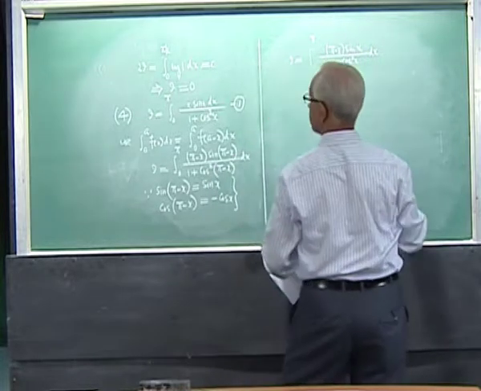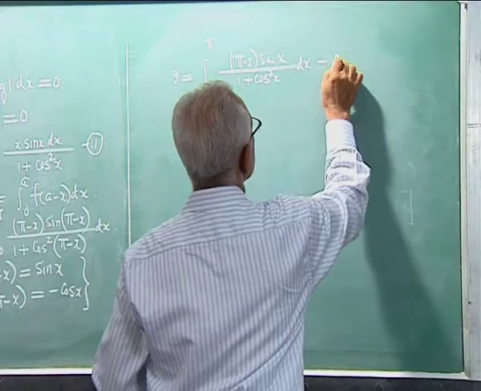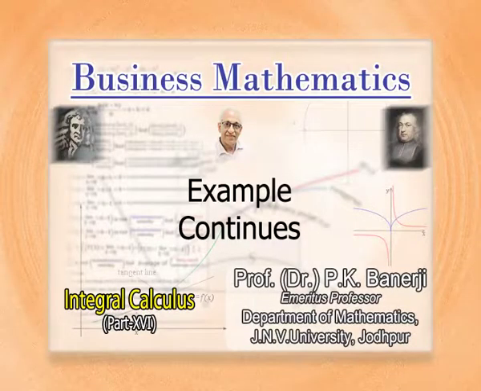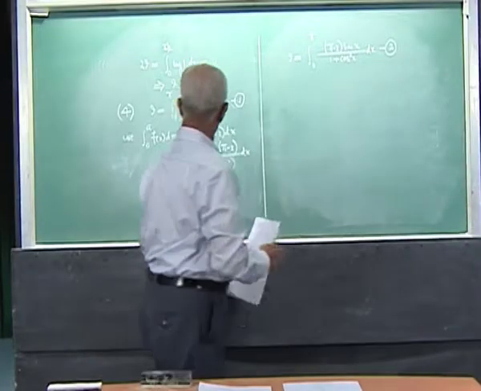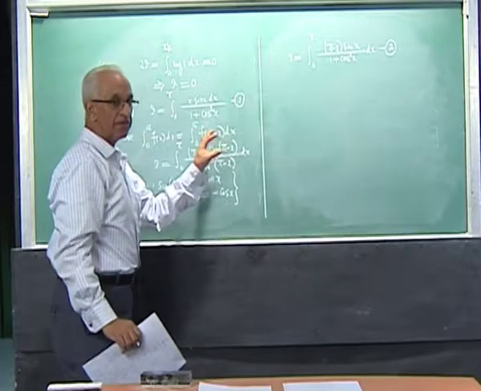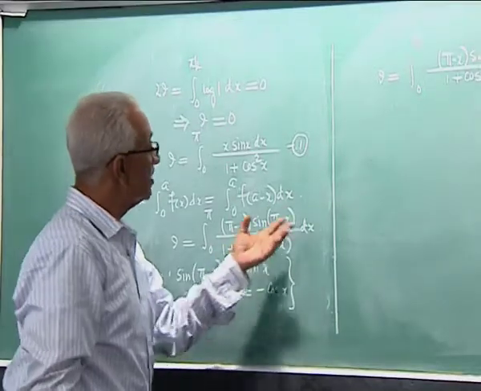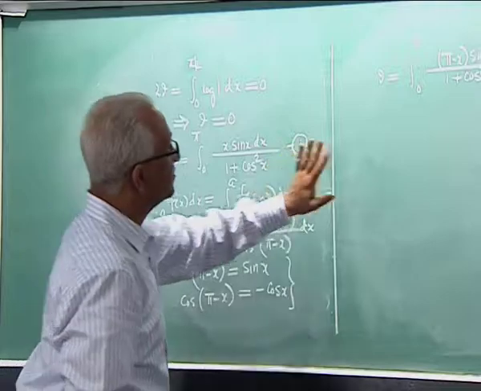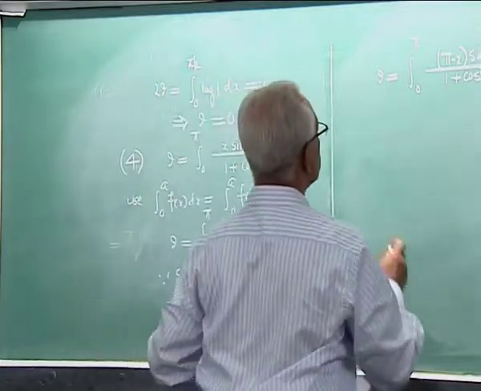Let me call it equation 2. After using this, usually we have seen in the last 3 exercises that we add them. So I add 1 and 2, and the left hand side will become 2I.